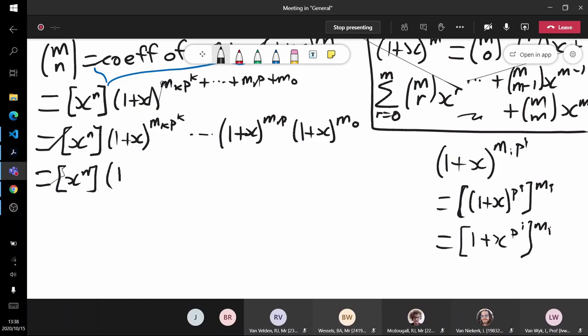So this is then 1 plus x to the p to the k, to the power of m_k. Sorry, not a plus. There we go. So we're multiplying, and we get 1 plus x to the p to the power of m_1, up until the last one, which doesn't change.